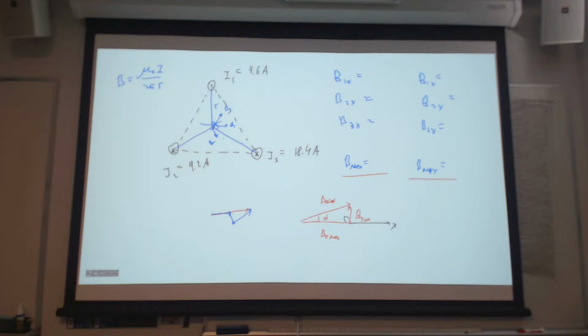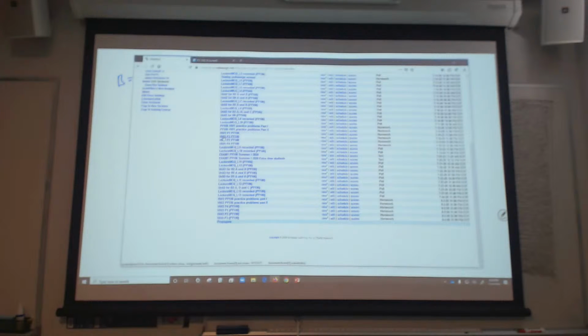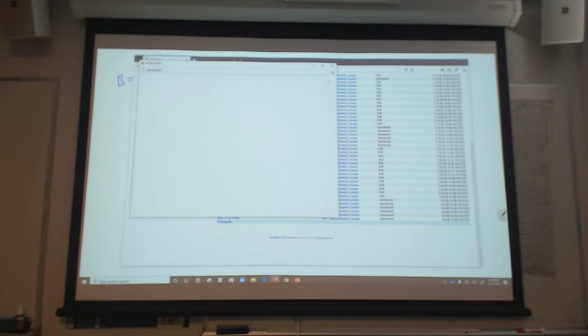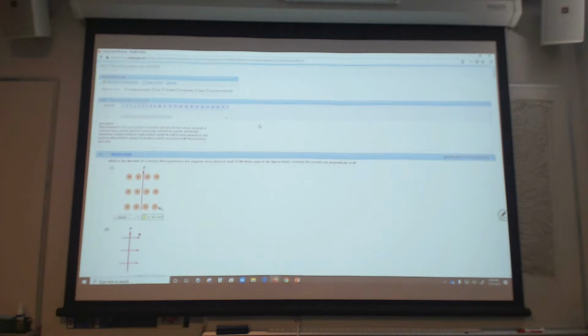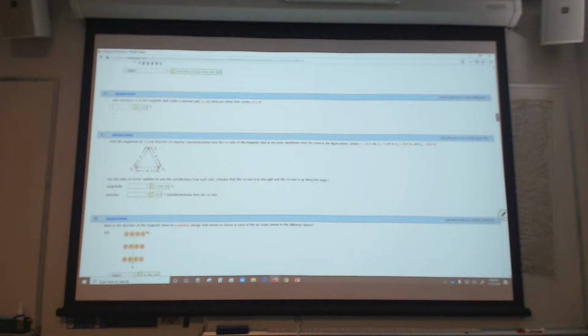Then I did it correctly with the top one going out of the page, and I got the right angle, but not the right magnitude. So I'm a little confused. Which problem is this? Problem number 9. It's the one that we worked through, the one that I read out to you.